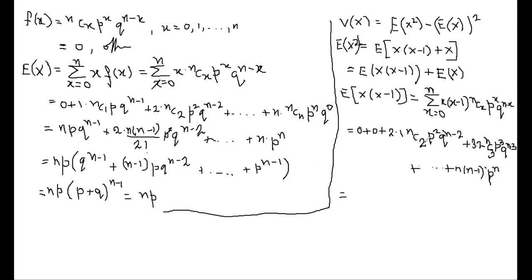Now you can simplify NC2, NC3. After simplifying, 2 into 1 means 2, into NC2 means n into n minus 1 by 2 factorial, then p square q to the power of n minus 2, plus 3 into 2 means 6, NC3 means n into n minus 1 into n minus 2 by 3 factorial, which is 6, multiplied by p cube q to the power of n minus 3.